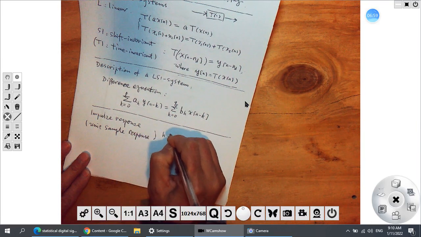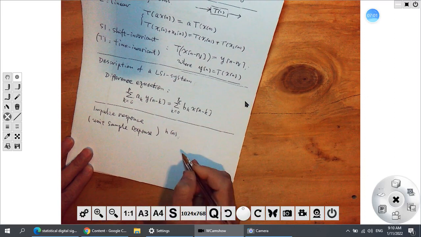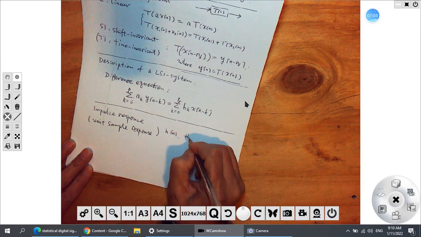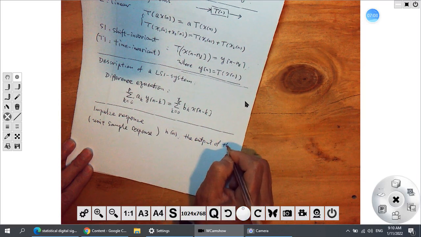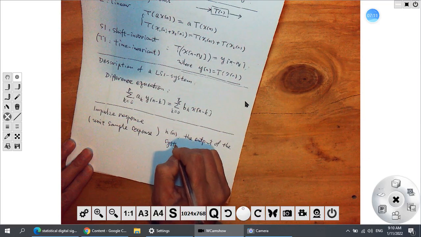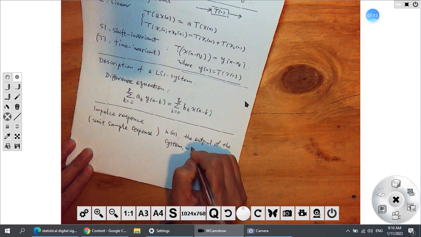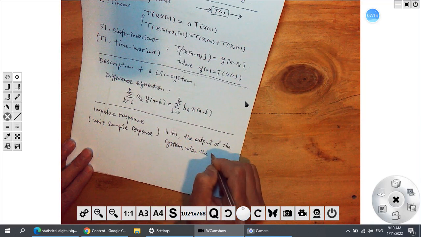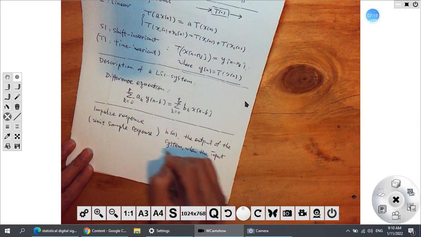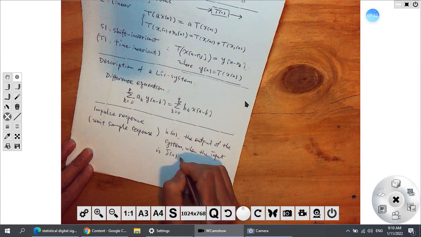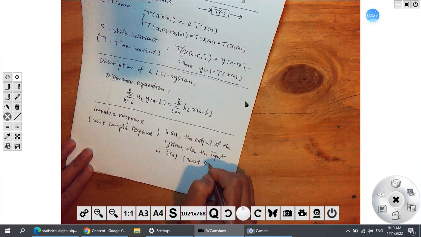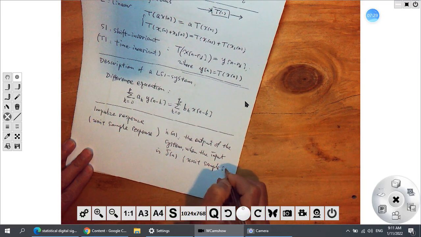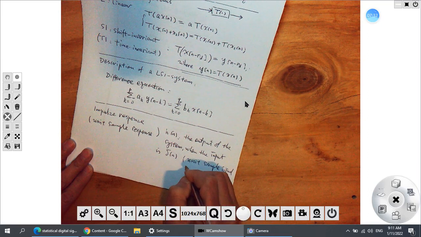h[n]. What is h[n]? It is the output of the system when the input is delta[n], which we call the unit sample signal or unit impulse signal.